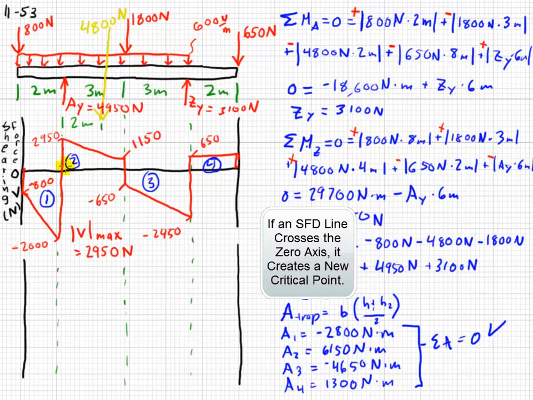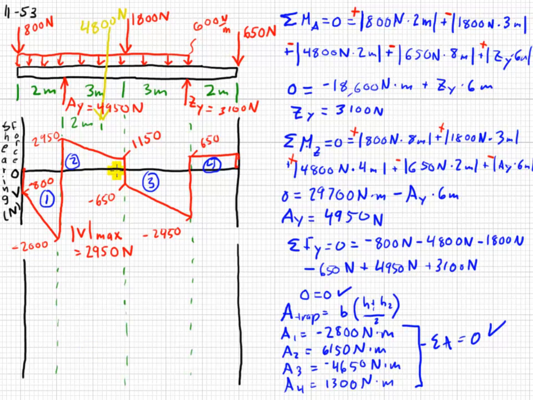If one of our slopes had crossed the 0 line on the shear force diagram, we would have another critical point coming down.